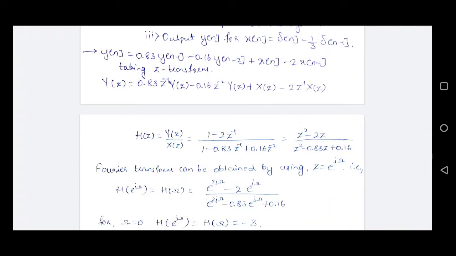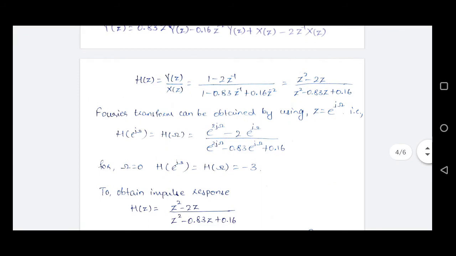Combining the input and output terms and taking the ratio, H of z equals Y of z divided by X of z can be written as 1 minus 2 z inverse divided by 1 minus 0.83 z inverse plus 0.16 z inverse square. Writing for the positive powers of z, the numerator will be z square minus 2z divided by the denominator z square minus 0.83 z plus 0.16.